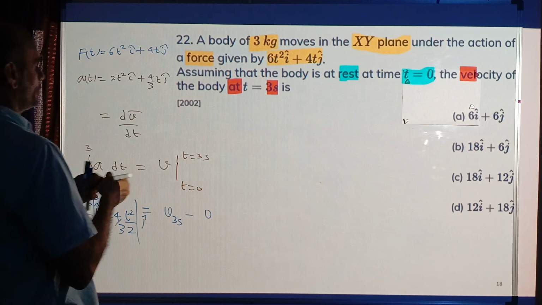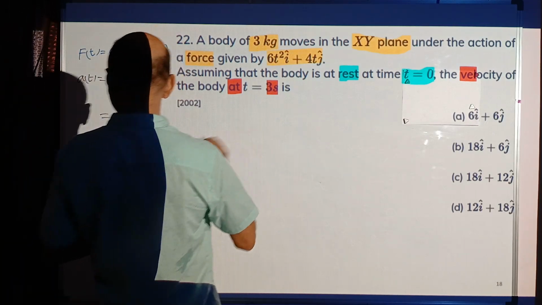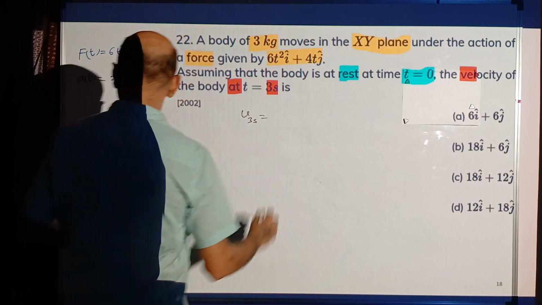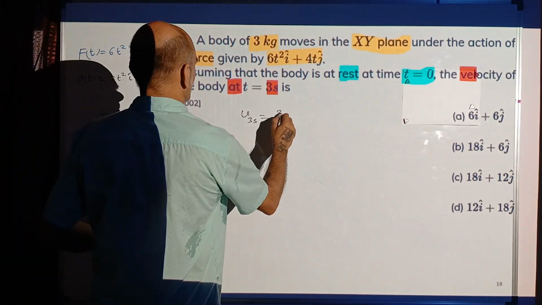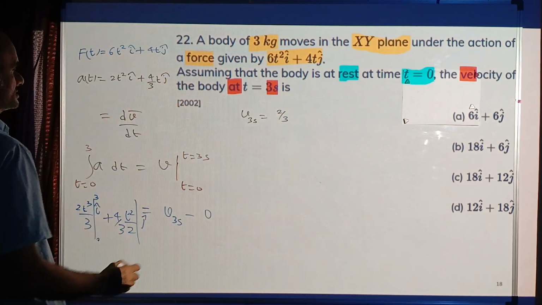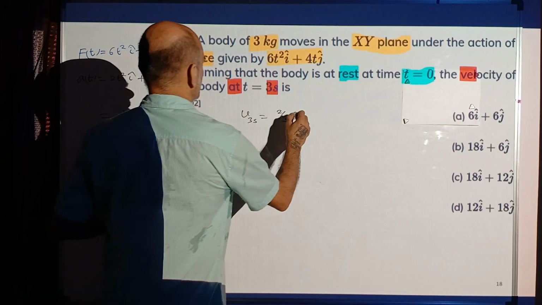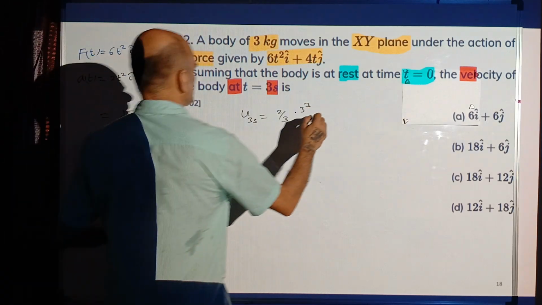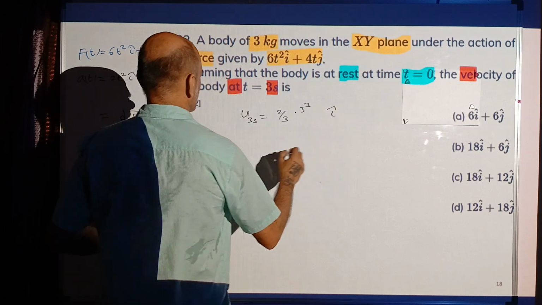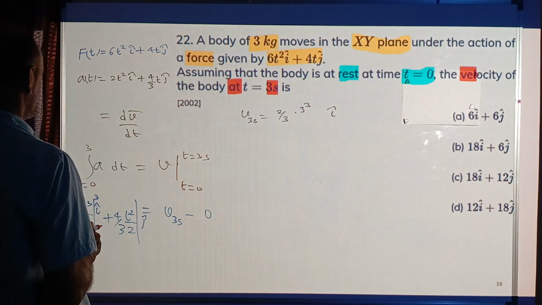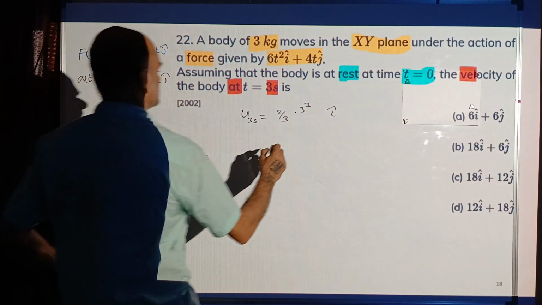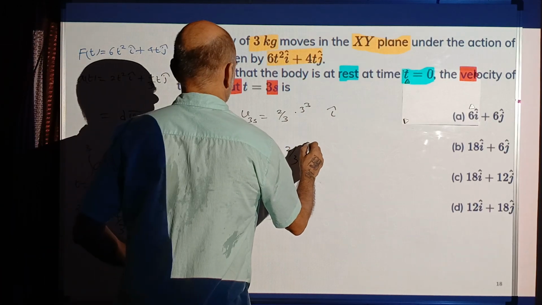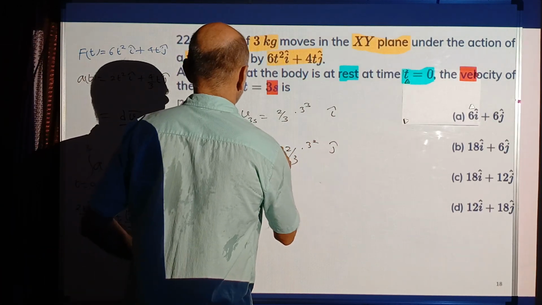So 2 by 3 t cube, this is the velocity at 3 seconds. 2 by 3, the upper limit is 3 cube, minus the lower limit, 0. So this into i cap, and then the j cap component is 2 by 3 t square j cap.